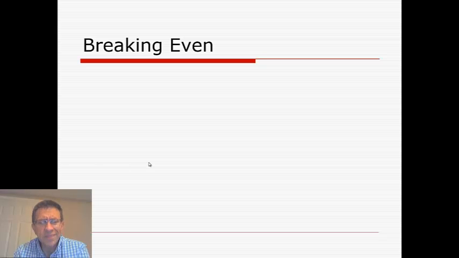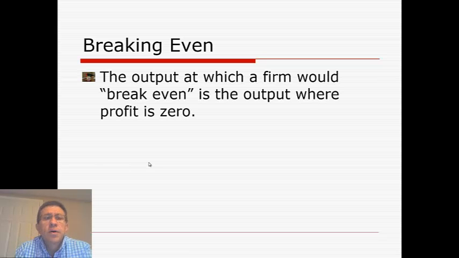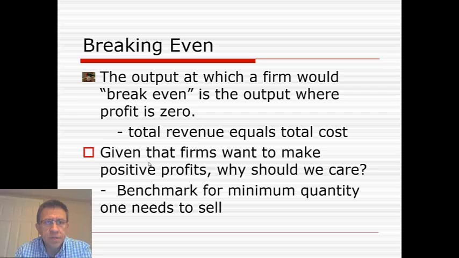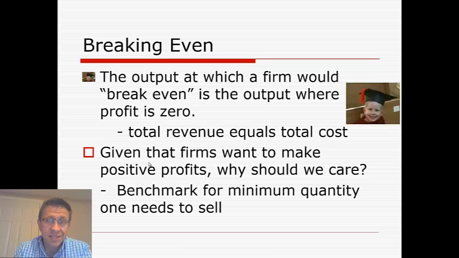So what does a firm have to do to break even? First of all, I'll just put up these terms here, and you'll notice this is what I call a Zeke point. That's in the preschool graduation cap. It's kind of a take-home message point here. The output at which a firm would break even, the output where profit is zero. You might ask yourself, if I'm going into business, I don't want to earn zero profits.